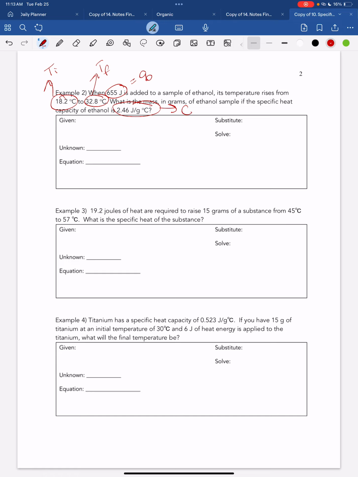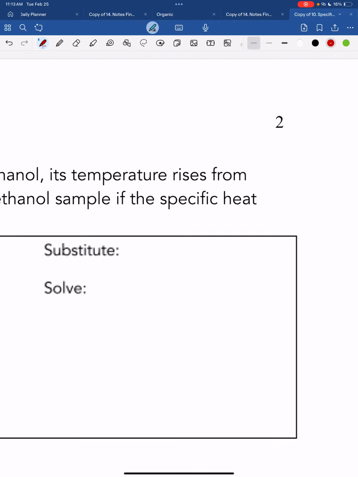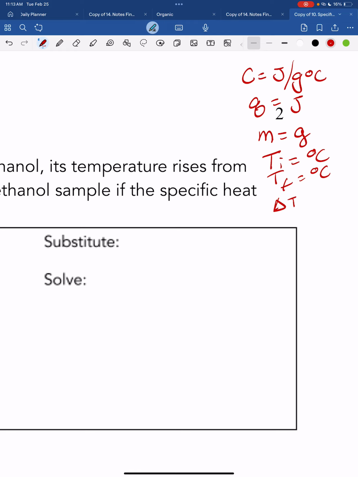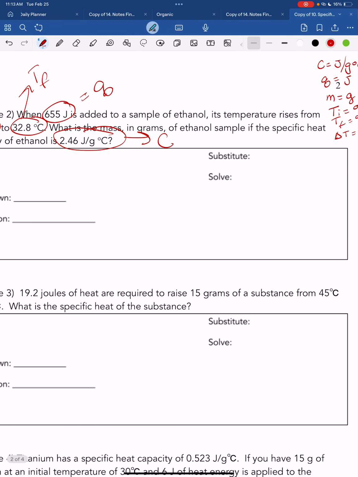The joules per gram degree Celsius is C. I'll just write the units again. So C, the units are joules per gram degree Celsius. Q is in joules. M is in grams. And our temperatures are in degrees Celsius. So that can be a hint to how to figure out what variables you're looking for.